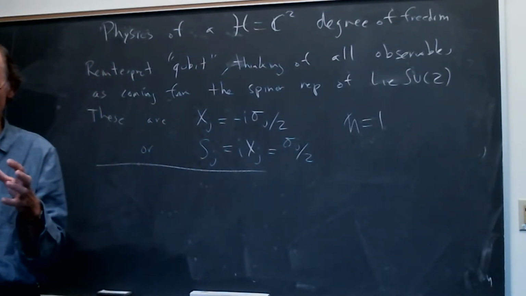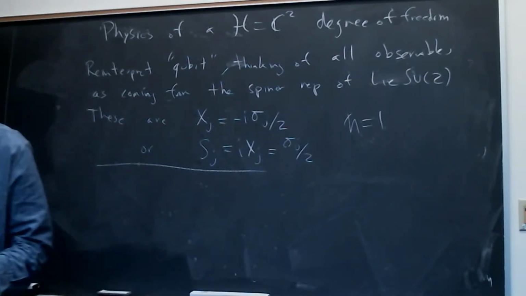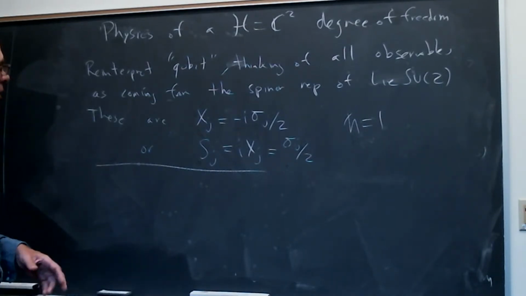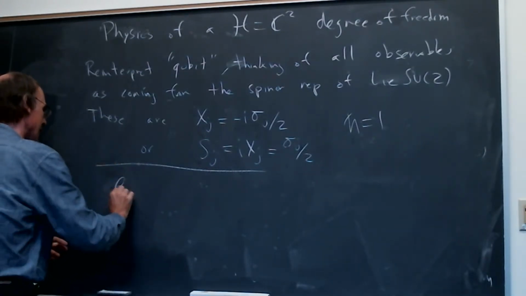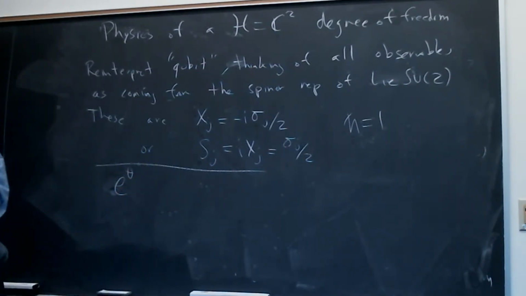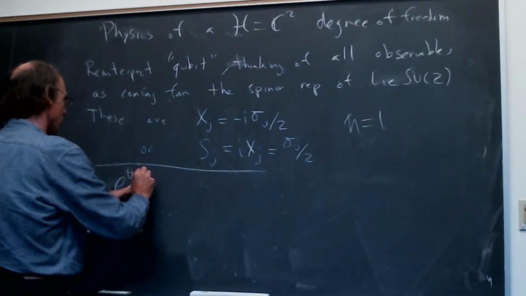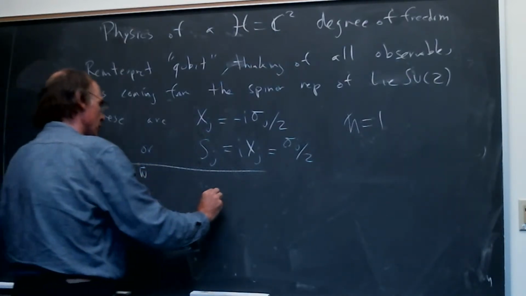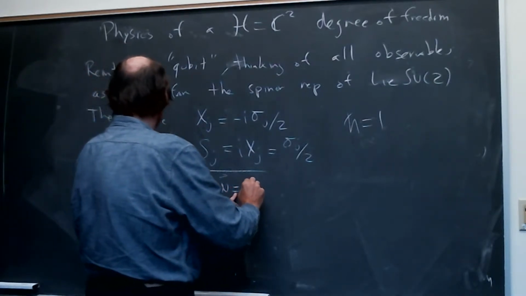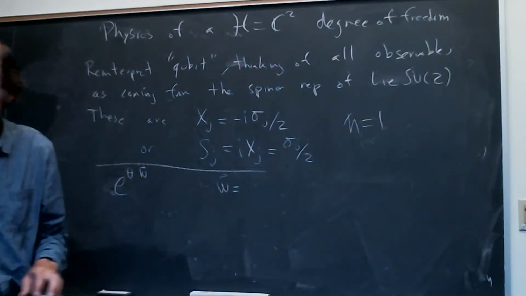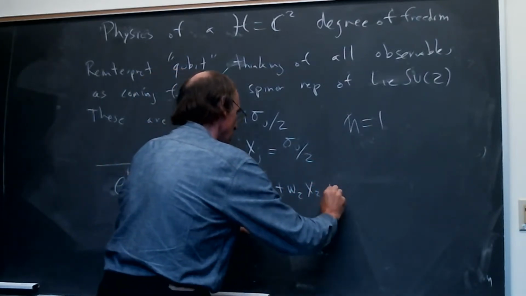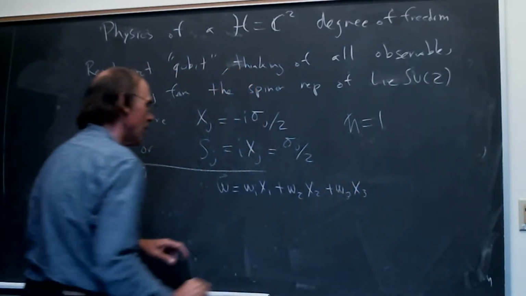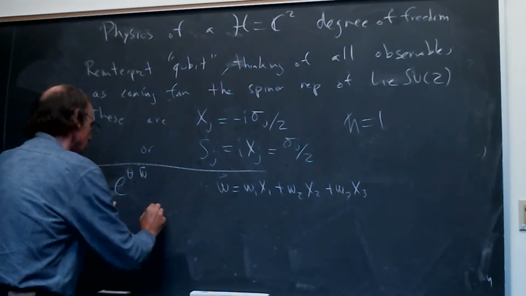One thing that's very confusing about spinors is this. Recall e to the theta times w vector, where w vector is w1 X1 plus w2 X2 plus w3 X3.